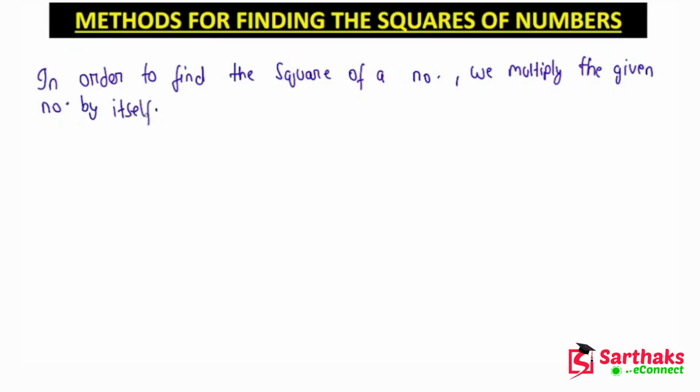Okay, so basically what we do is we multiply it by itself, but this method is convenient only for small numbers.